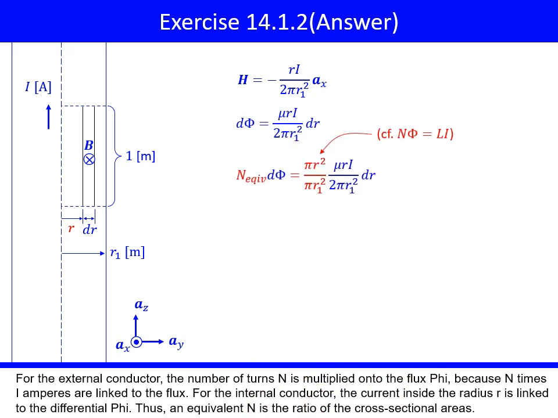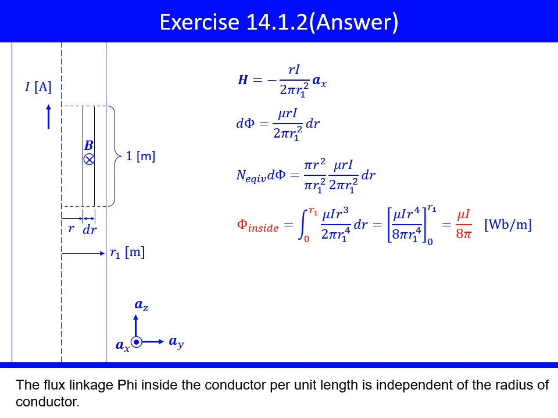For the external conductor, the number of turns n is multiplied onto the flux phi, because n times I amperes are linked to the flux. For the internal conductor, the current inside the radius r is linked to the differential phi. Thus, the equivalent n is the ratio of the cross-sectional areas.